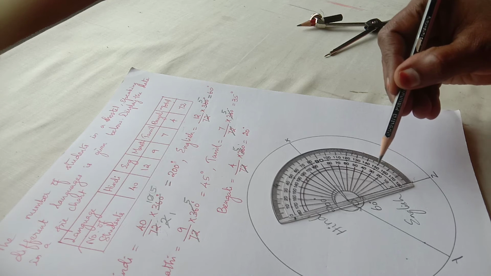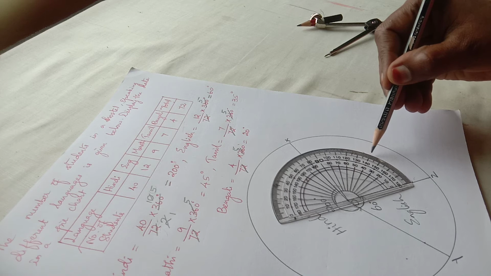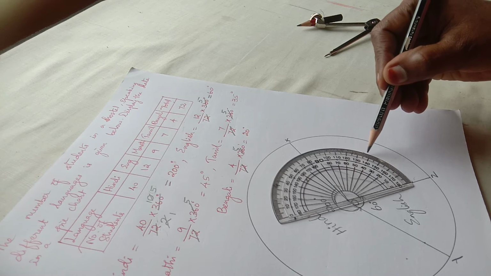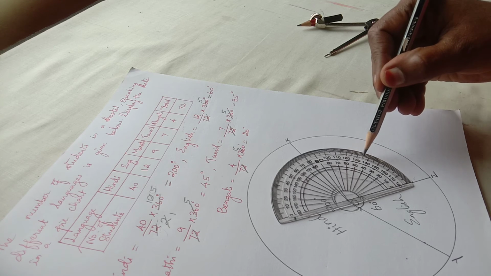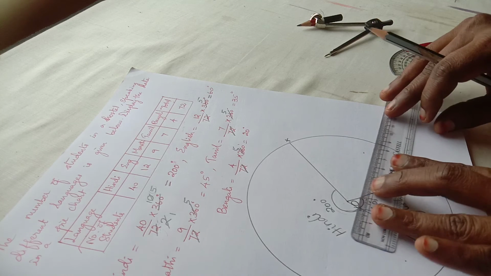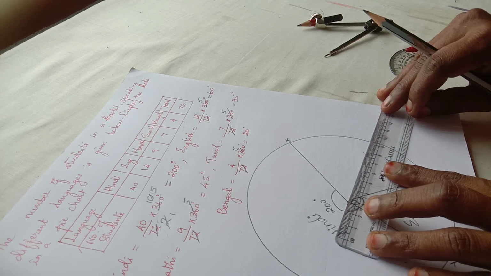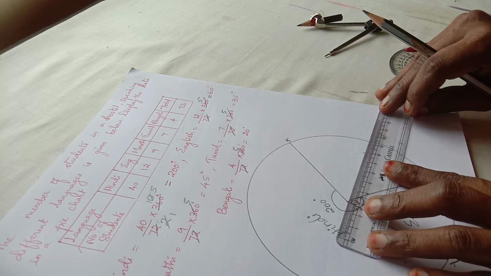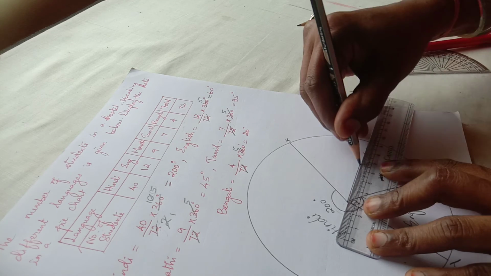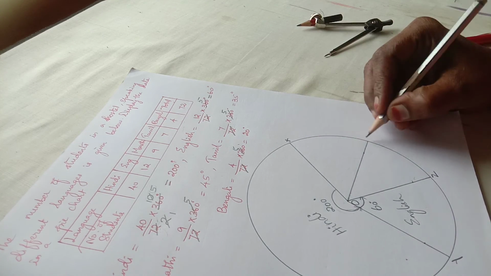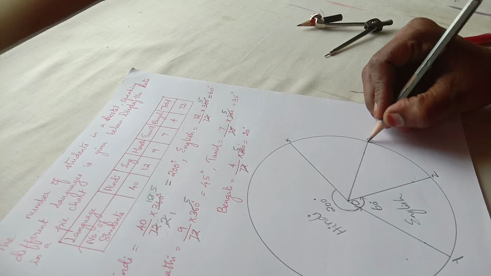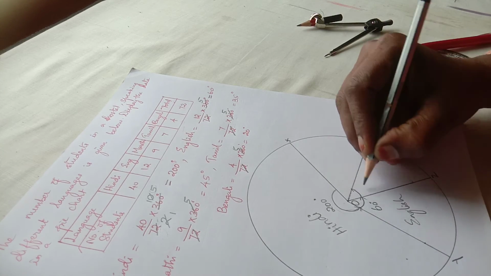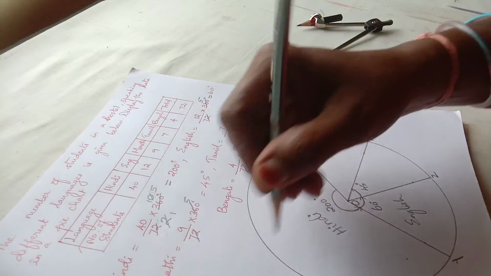So this is 45 degrees, and now let's join this. Let's name it OA, another radius, and this angle is 45 degrees, which is Marathi.